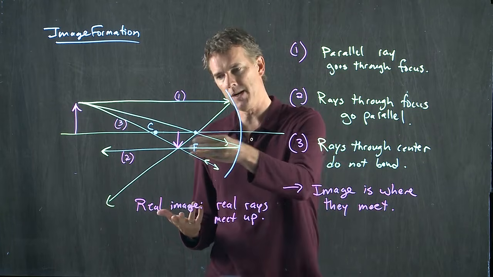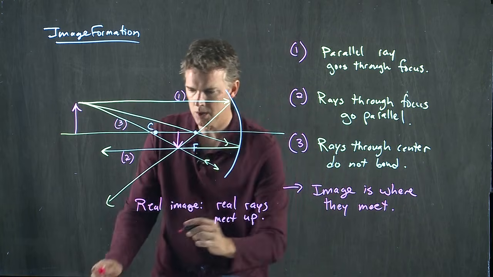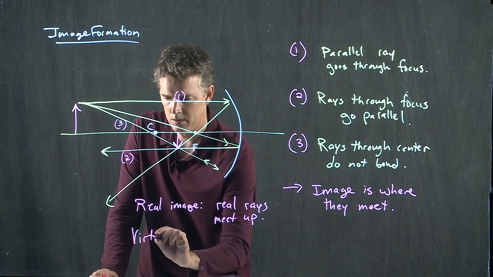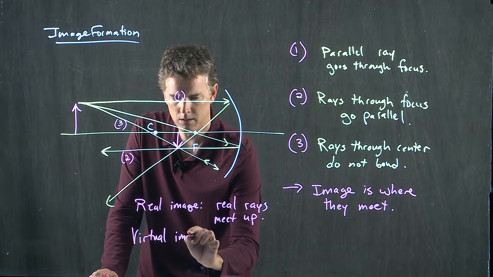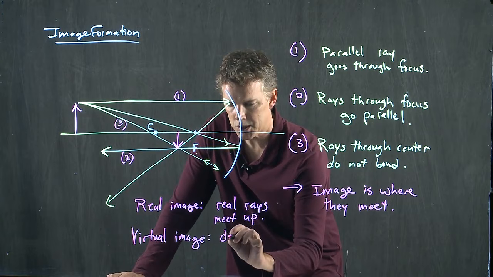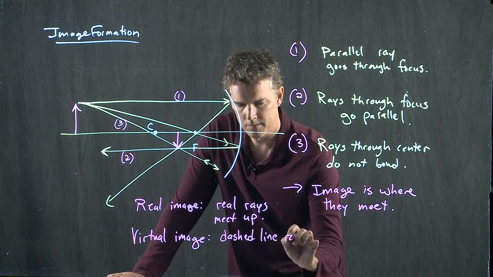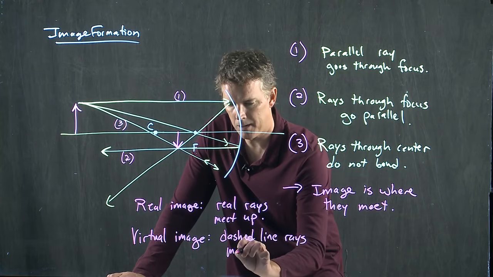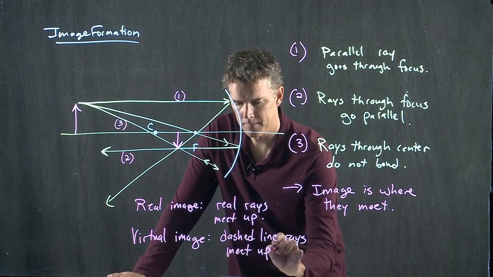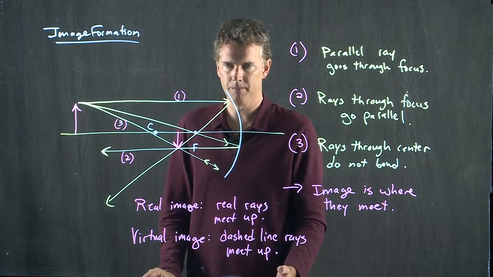Yes, those 3 converging rays all meet right there. Virtual image is when the dashed line rays meet up. And that means you can't form that image on a piece of paper.